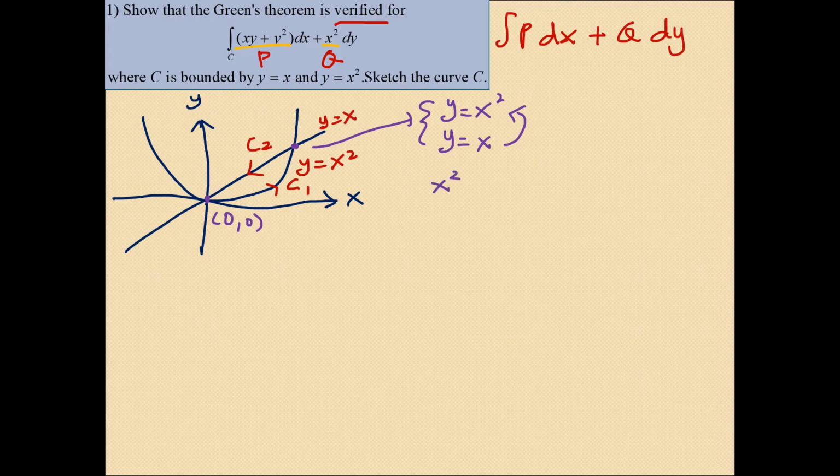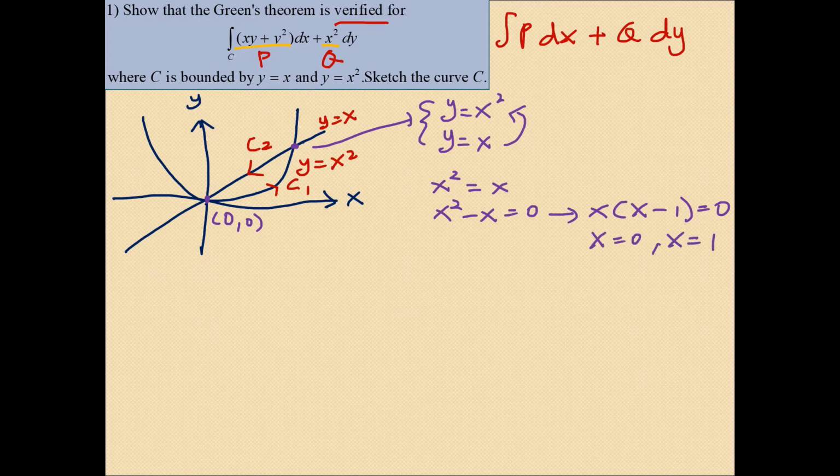Now I substitute equation 1, so I have x squared equal to x. So x squared minus x equal to 0. Factorize it: x times x minus 1 equals 0, so x equal to 0 and also x equal to 1.